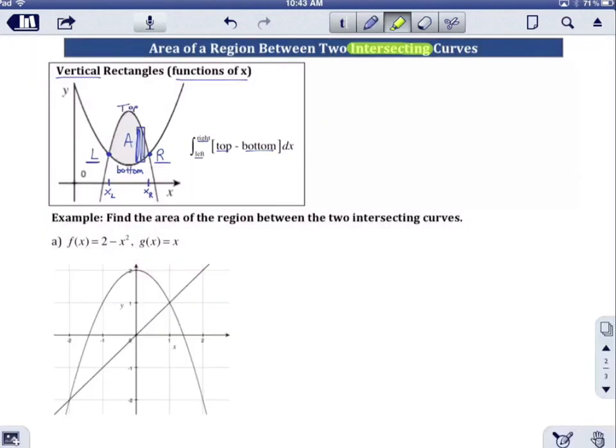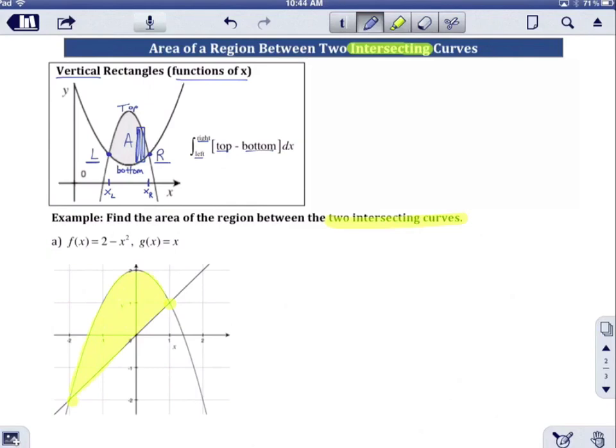Okay, so it says find the area of the region between the two intersecting curves, and so we can see they intersect right here, and then the shaded area that we're looking for would be right in here. We have to decide if this is horizontal or vertical rectangles as we go through this.